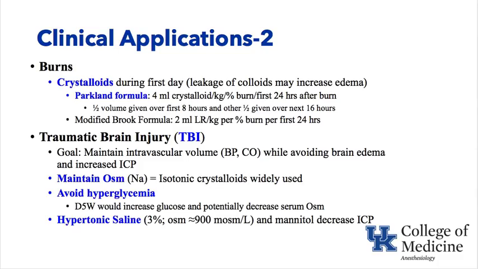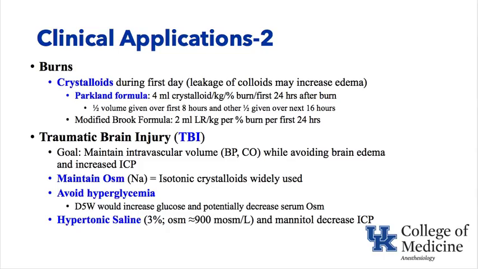And the volume that is calculated to be given over the whole 24 hours, you give half of it in the first 8 hours, and then the next half over the next 16 hours. So we could take an example of a 20% burn in a 70 kilogram patient.